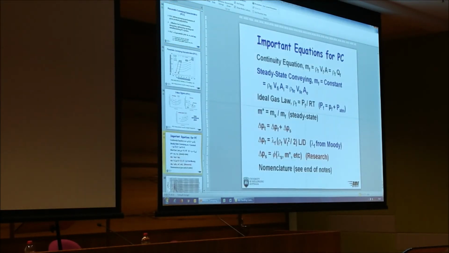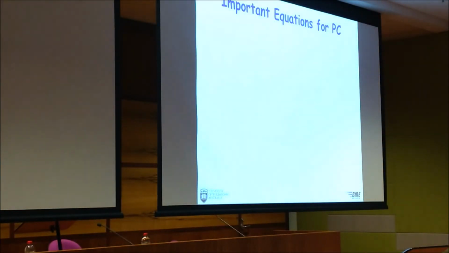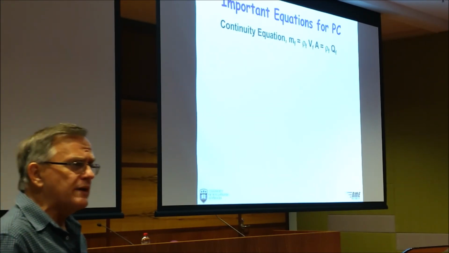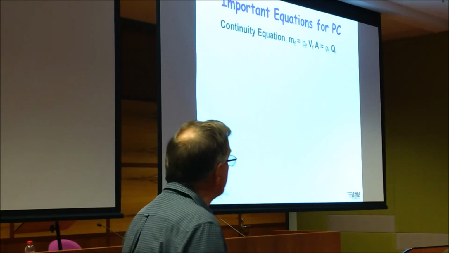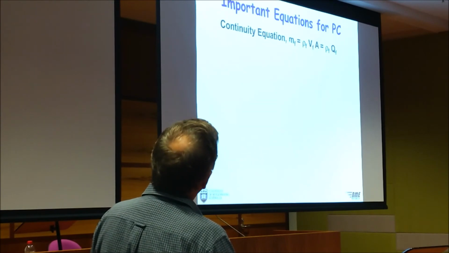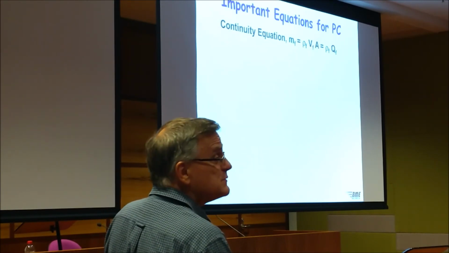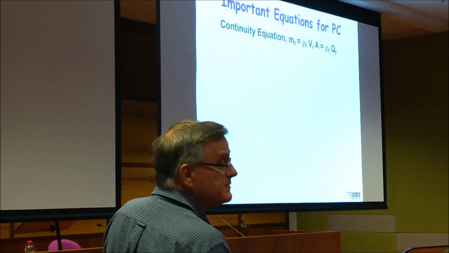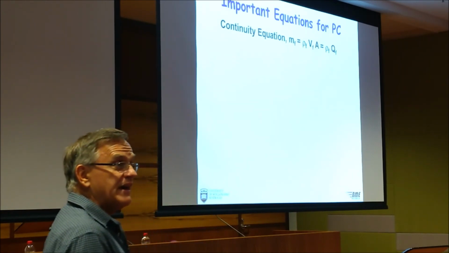Or the equations. The important equations we're going to go through, and with the remaining time we have, we'll go through a bit of an exercise. So the continuity equation, you remember that from fluid mechanics? Yep, alright. The air mass flow rate in kilos per second equals the density of the fluid times the velocity of the fluid times the cross-sectional area, rho VA.